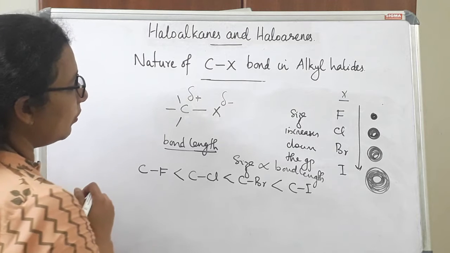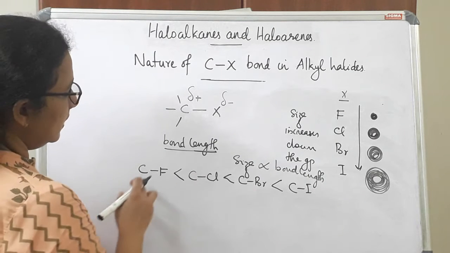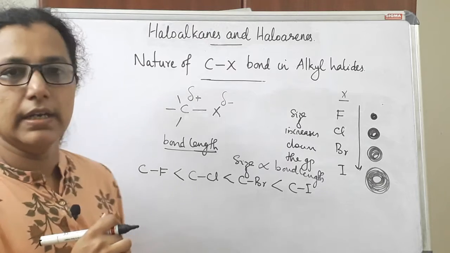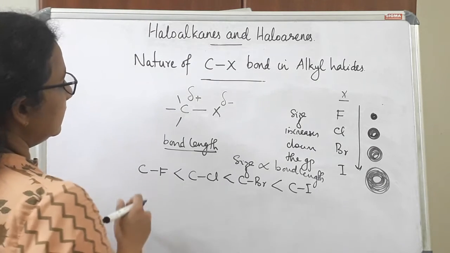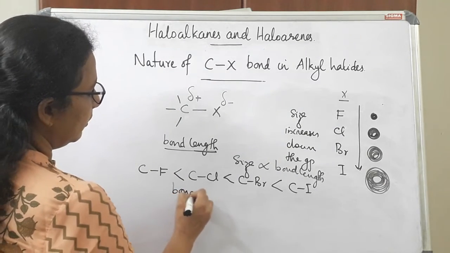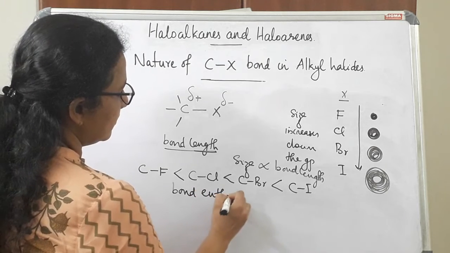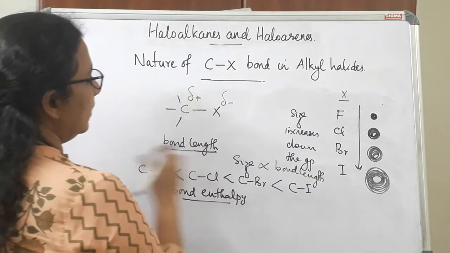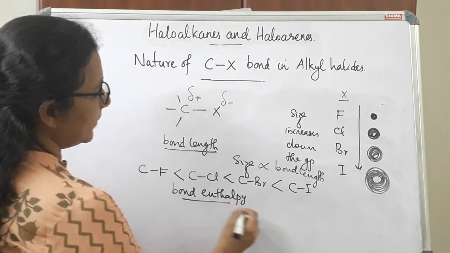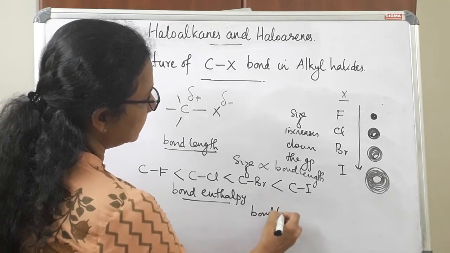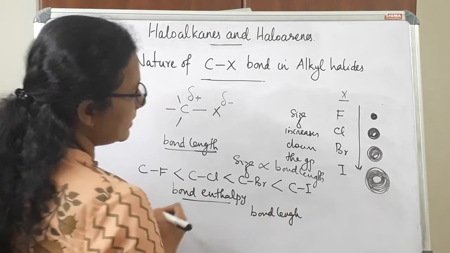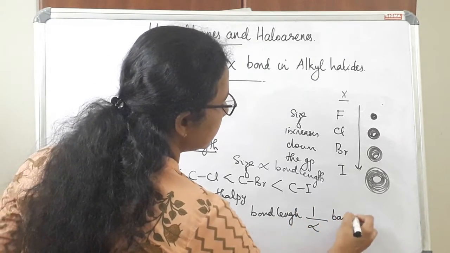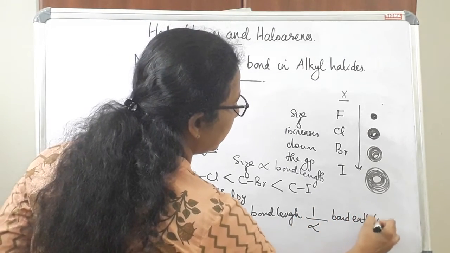So this is about the bond length of these bonds in alkyl halides. Now let's see the bond enthalpy. We can tell the bond enthalpy by noting the bond length. When bond length increases, the bond enthalpy decreases, so they are inversely proportional.